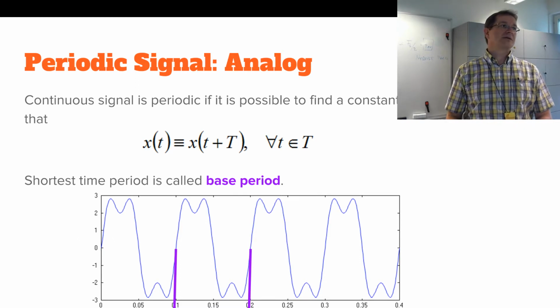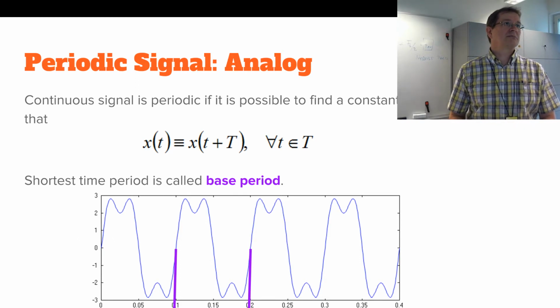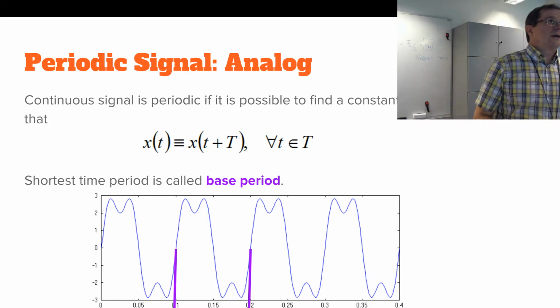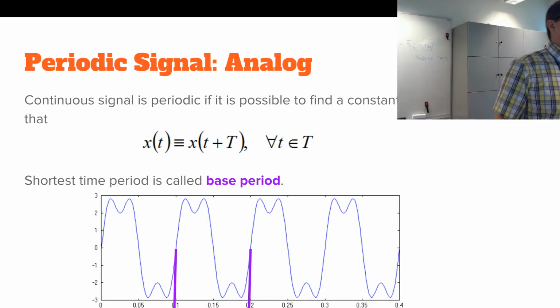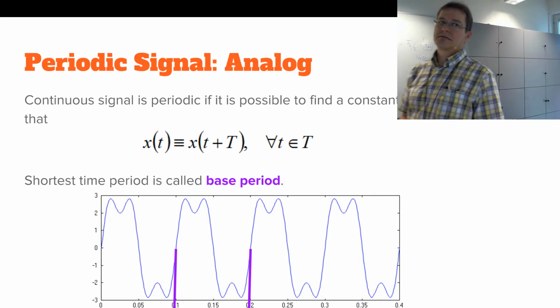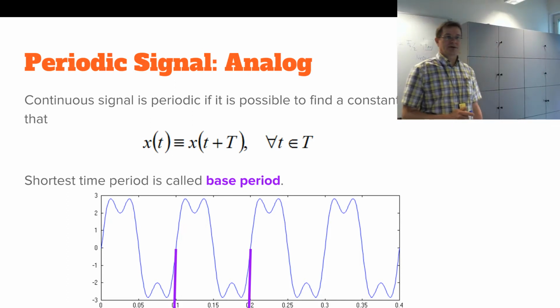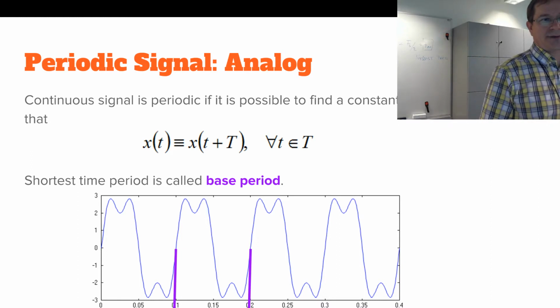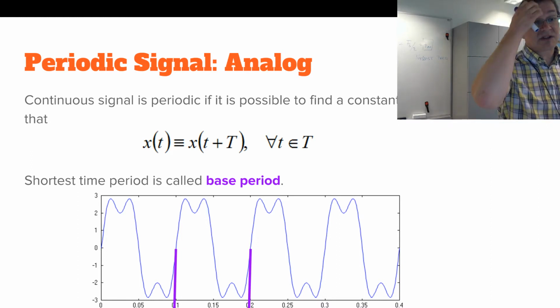For example, sinusoids or the Fourier series are continuous periodic signals. And the shortest time period is called the base period.